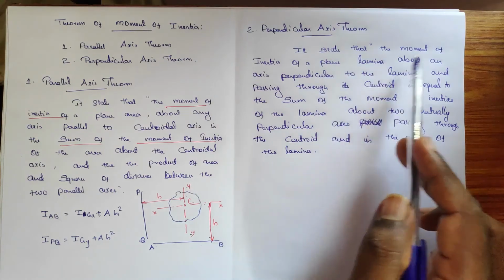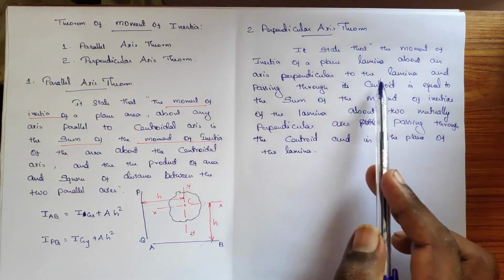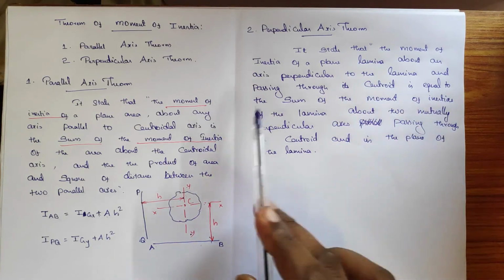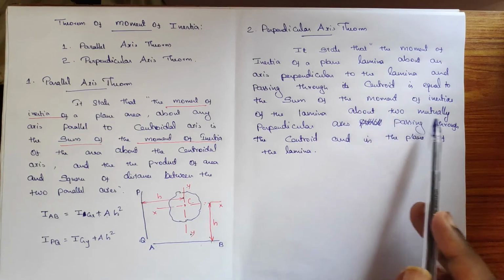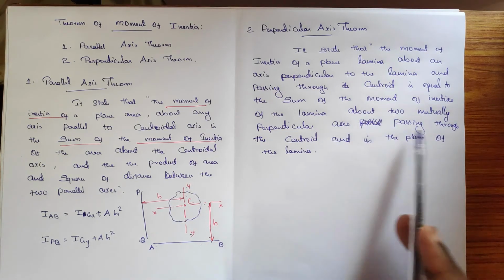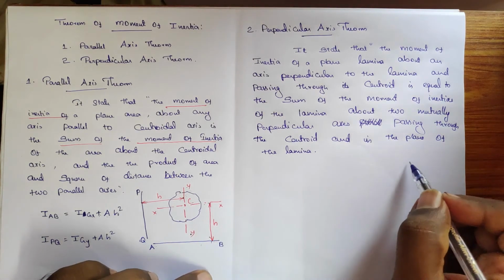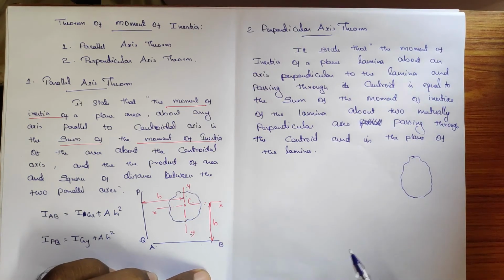It states that the moment of inertia of a plane lamina about an axis perpendicular to the plane lamina and passing through the centroid is equal to the sum of the moments of inertia of the lamina about two mutually perpendicular axes passing through the centroid and in the plane of the lamina. Okay, so I will start with an example diagram. So this is the object.